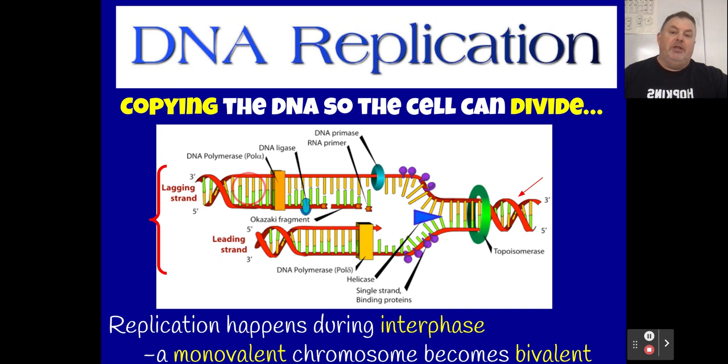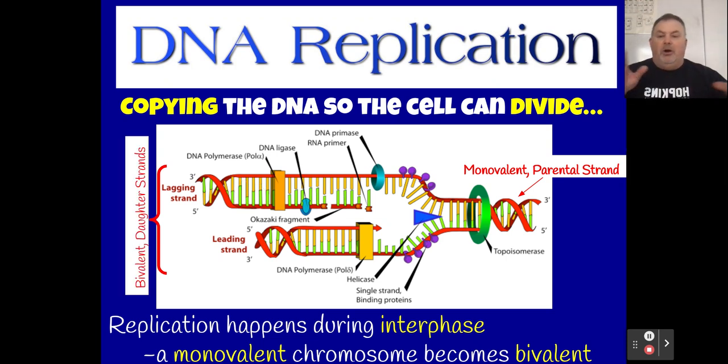When it does, in the completion, it will have two parts, a lagging strand and a leading strand. These two parts are referred to as the bivalent portion of the chromosome. So mono meaning one, and then we eventually produce two parts called the bivalent portion. The monovalent and the bivalent are structures of a chromosome that hold information on the DNA.